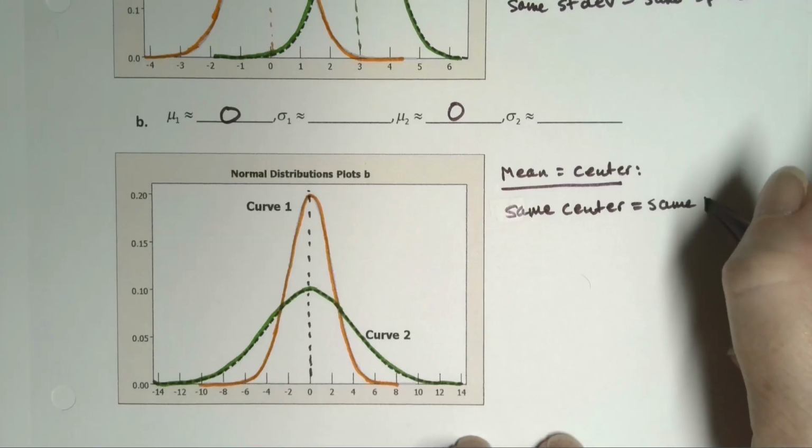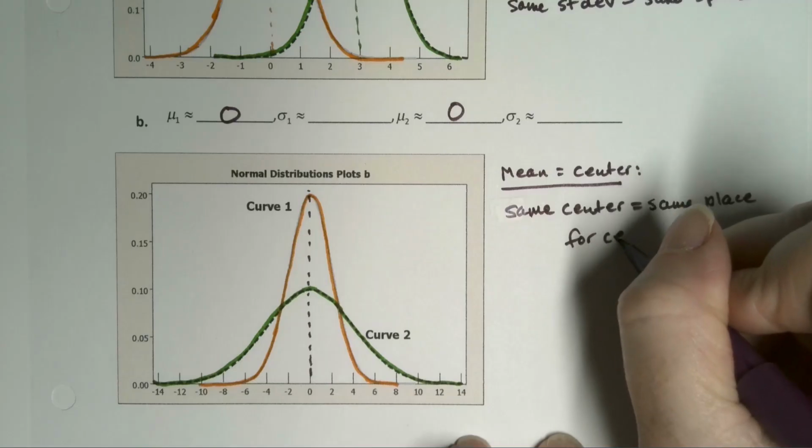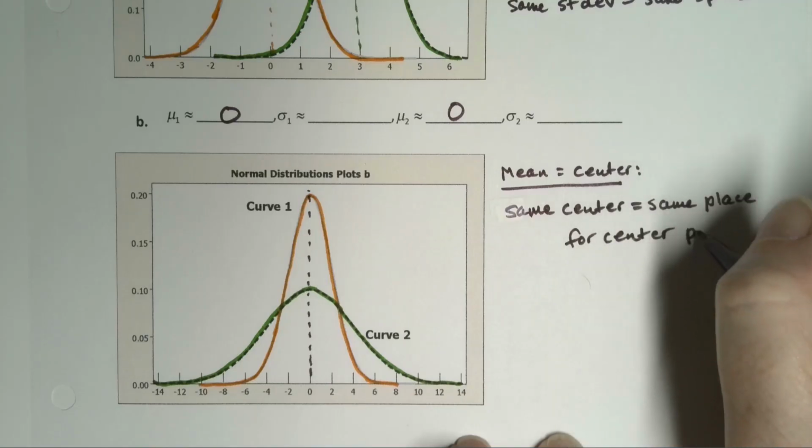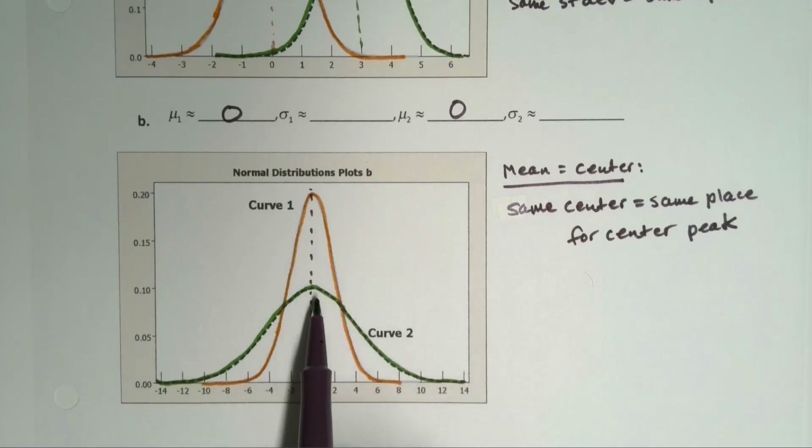It's the same place for the central peak on the x-axis. They're both centered at 0 for their highest point.